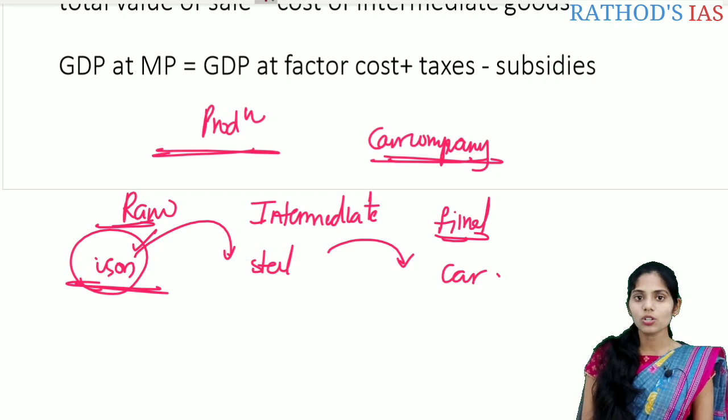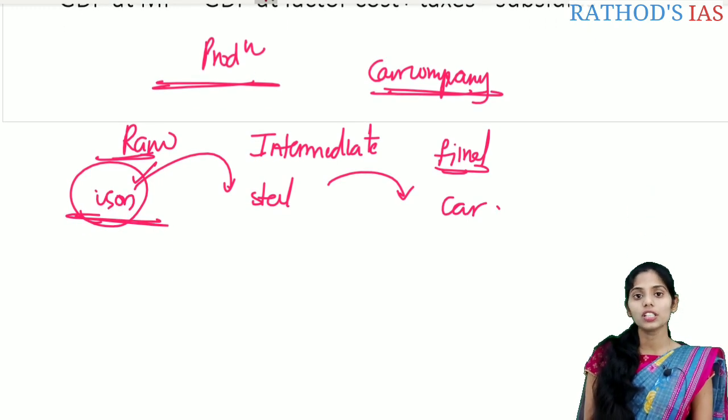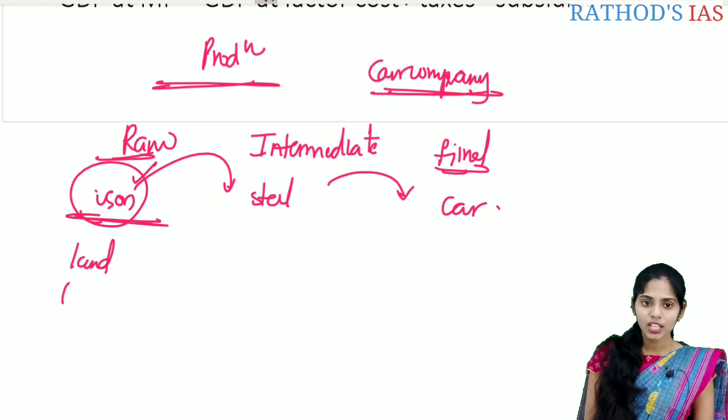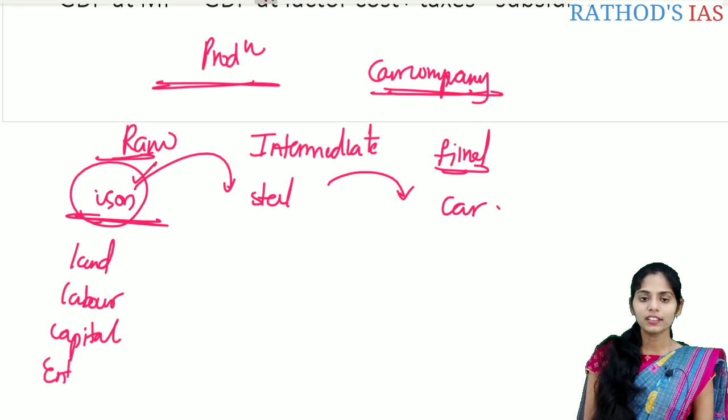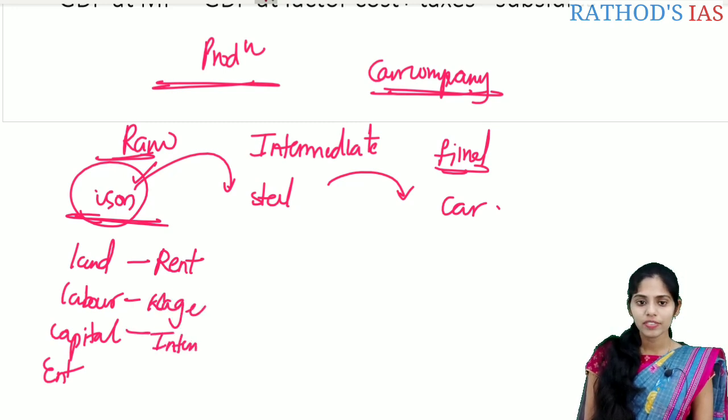So in this stage of the raw materials, we are using the different factors of production. For example, we are using land, labor, capital and entrepreneur. So for this the income will be: for land we give the rent, for labor wages, for capital we pay interest, and for the entrepreneur we get profit, correct?